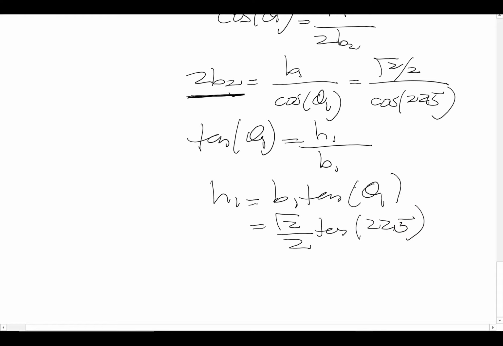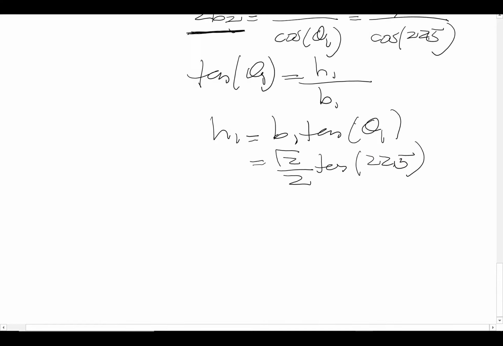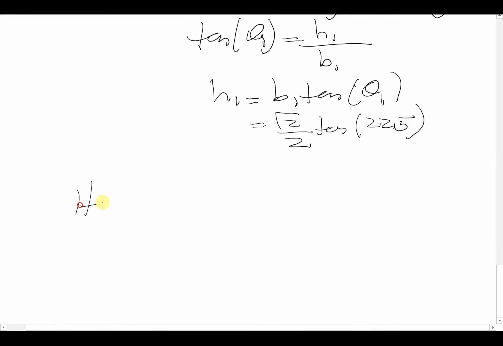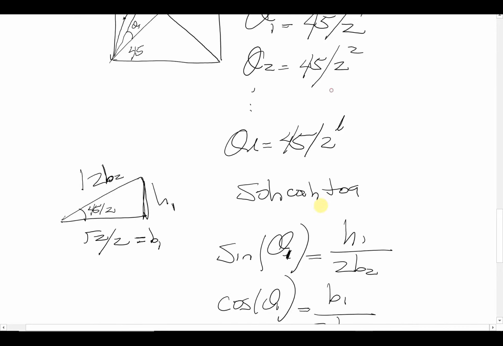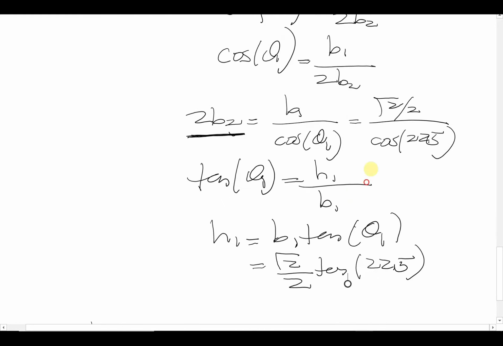So using this iteration formula, if we do iteration 1, we know the area. We're doing 4 times the area of a triangle. Essentially, how many triangles are we doing now? We have 8 actually.